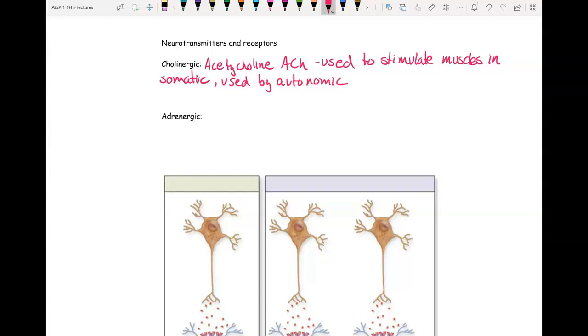So anytime you use the word cholinergic, that can refer to an axon that secretes acetylcholine, or a receptor that binds acetylcholine.